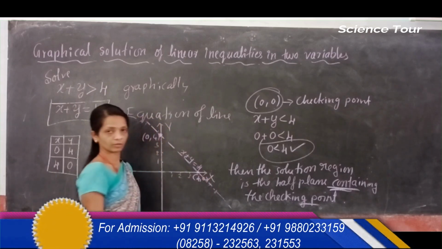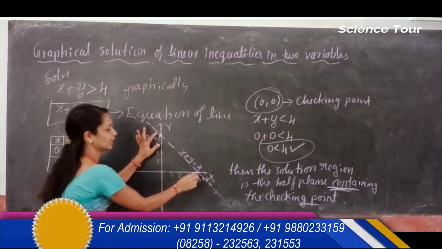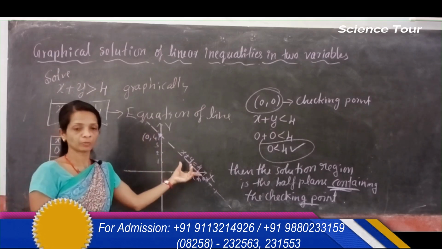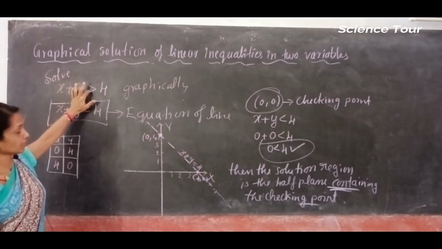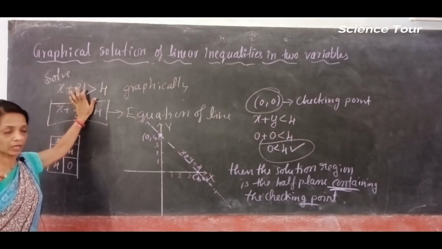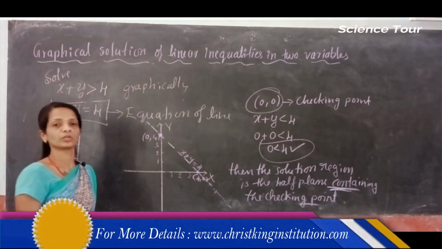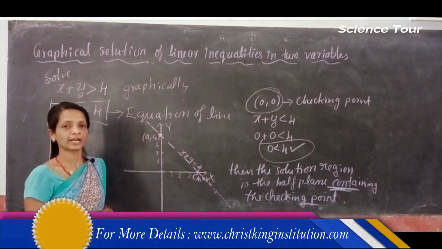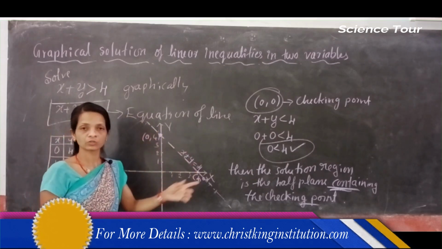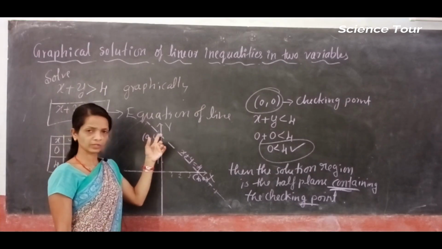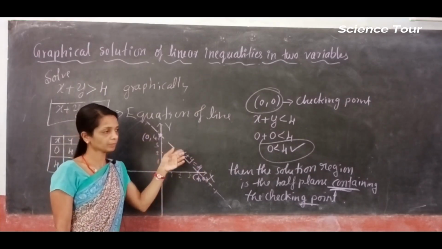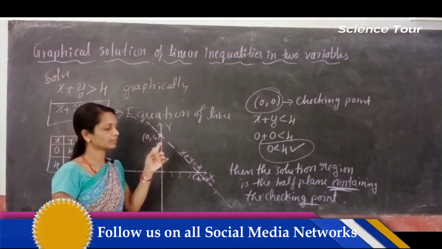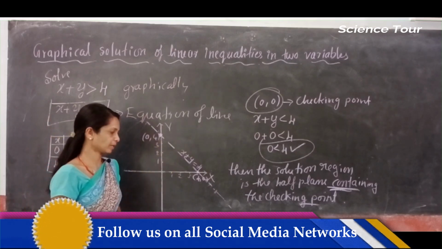After marking those 2 points, you have to join them. Before joining, you have to observe the inequality symbol, that is a strict symbol. If you have a strict symbol, you have to use a broken line to join the 2 points. Already we joined those 2 points by a broken line, because in the previous inequality we also had the same type of strict symbol.